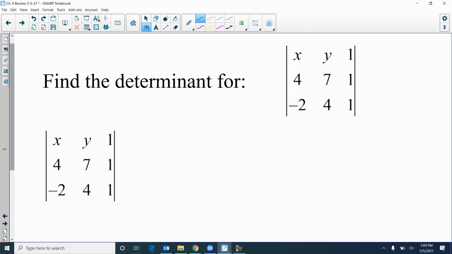So when you get your 3 by 3, as Avery was describing there, you take your 2 columns and just copy them down beside them.